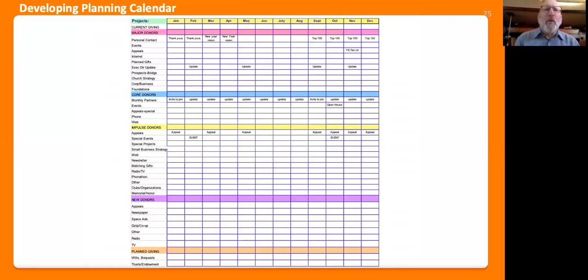And here's the point on this one. Look how many strategies there are. This is for like a $3 to $10 million rescue mission, let's say, because of what's not filled in. But anyway, you see the major donors.